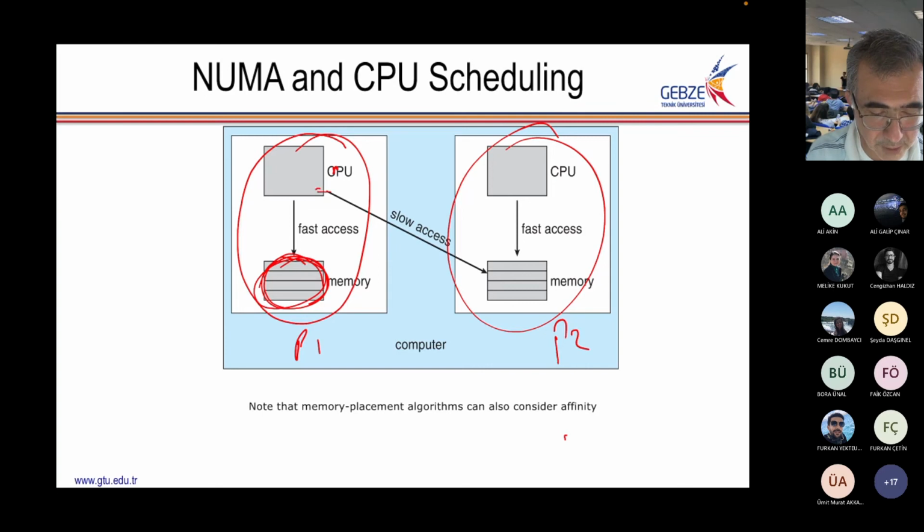If you are going to move P1 up here, this access becomes slower. Therefore, it is better to run P1 on this machine due to throughput considerations. This is an example of the affinity problem with distributed architecture.